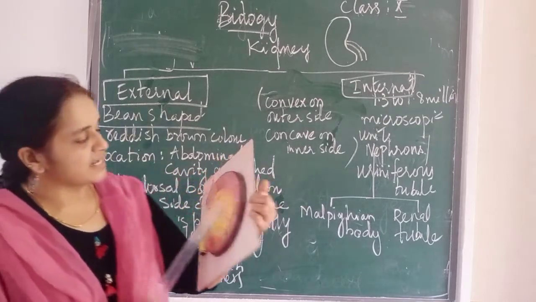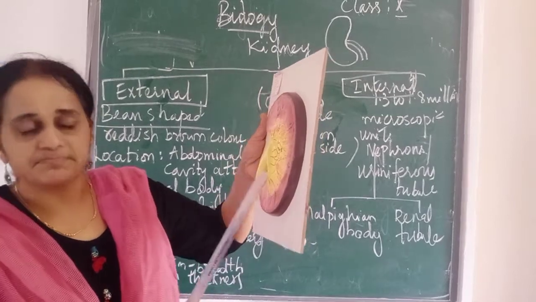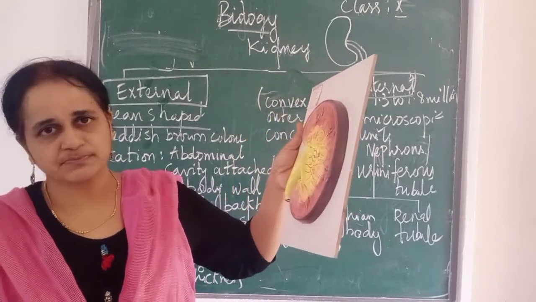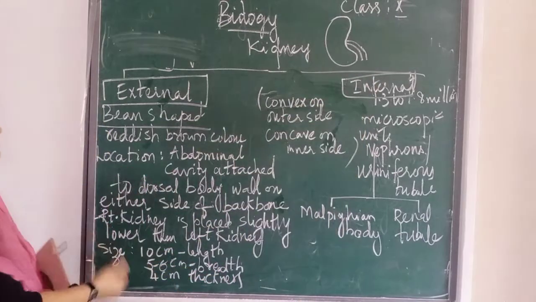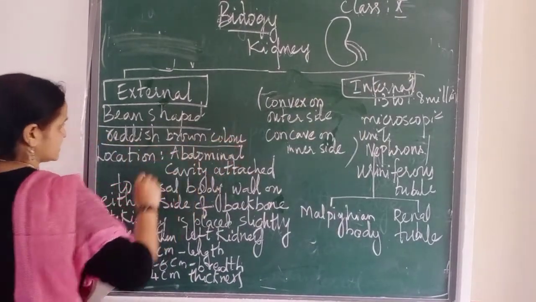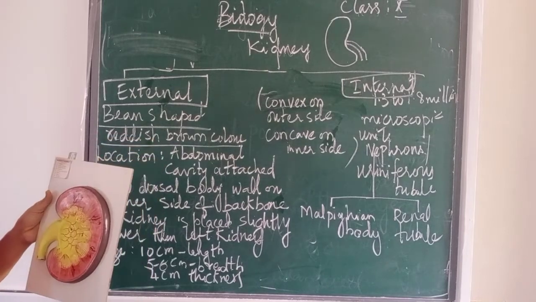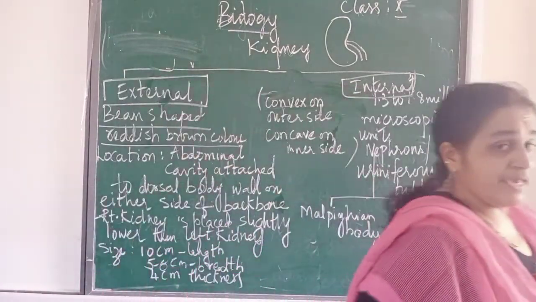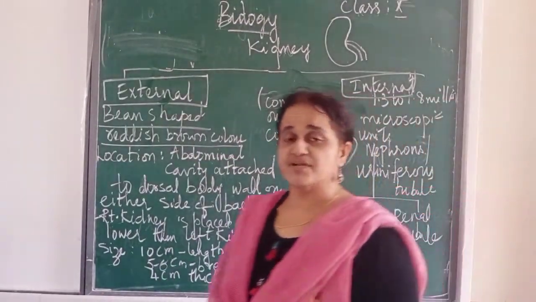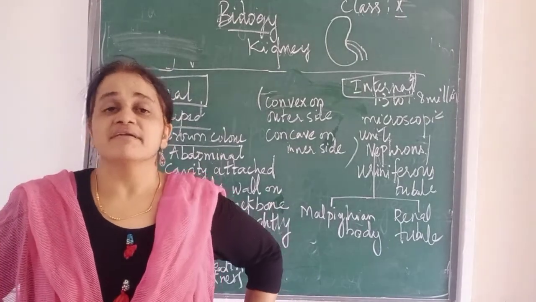When you go to the color of this kidney, it is reddish brown. Kidney color, tell me, reddish brown. So see the second external character, reddish brown in color. Now, how many kidneys do we have? A pair of kidneys, that means a kidney on the right side and a kidney on the left side.